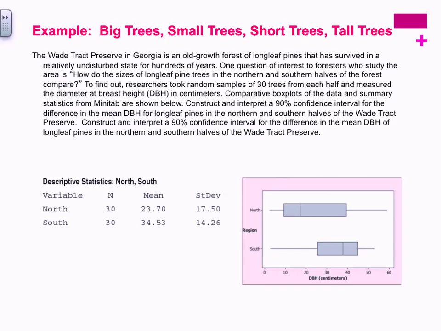To find out, researchers took random samples of 30 trees from each half and measured the diameter at breast height in centimeters. Comparative box plots of the data and summary statistics from Minitab are shown below. Construct and interpret a 90% confidence interval for the difference in the mean DBH for longleaf pines in the northern and southern halves of the Wade Tract Preserve.